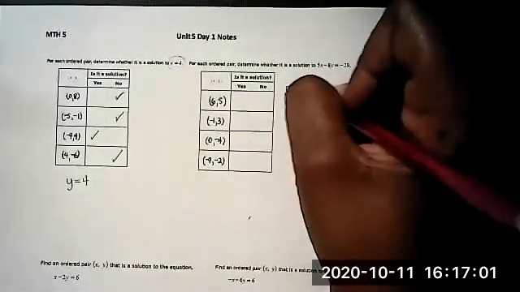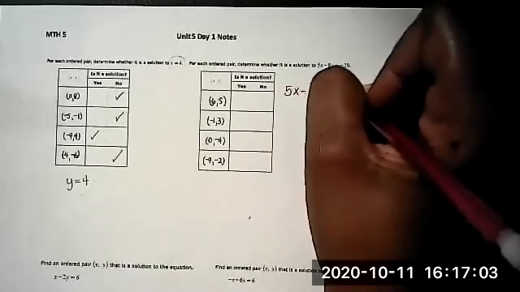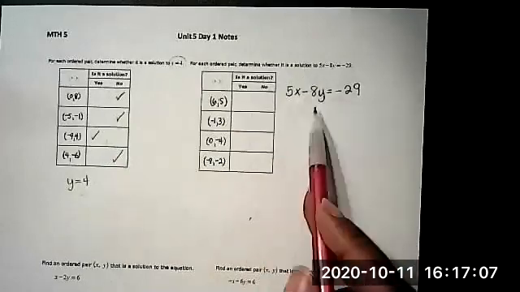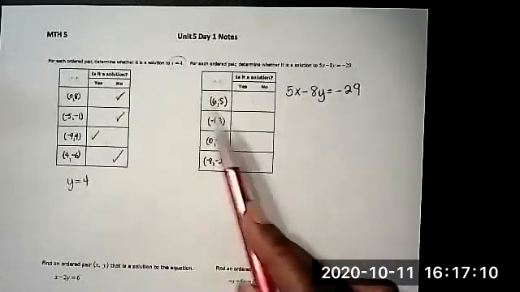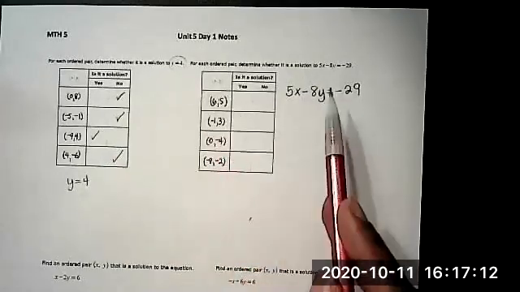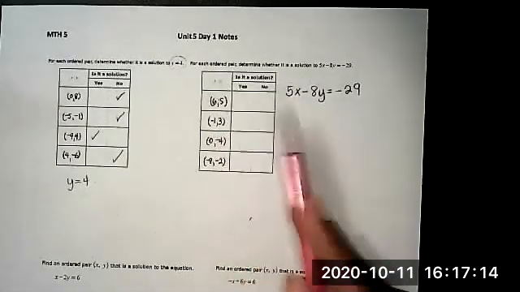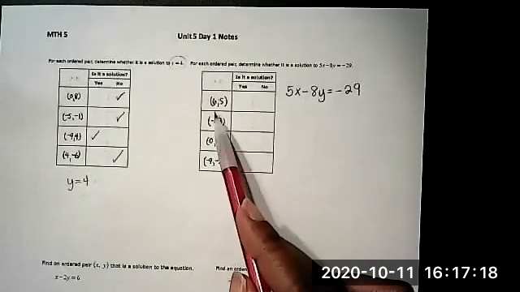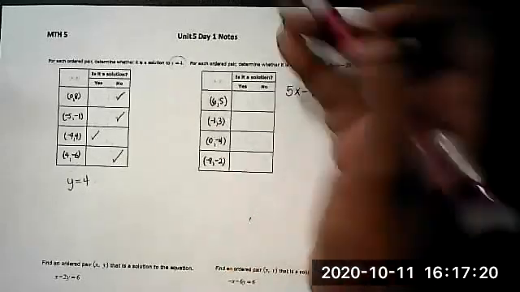In this particular case, it has 5x minus 8y equals negative 29. And it's asking for each ordered pair, determine whether it's a solution of this. So in order to tell whether this is a solution of this, you have to replace x with 6 and y with 5. So whatever number's here, this is 6 and this is 5. Remember, this represents your x and y.